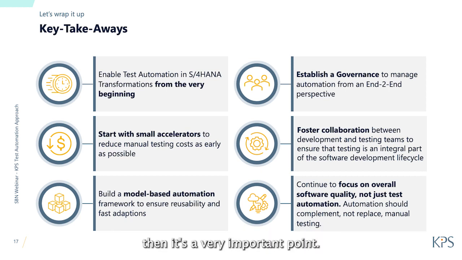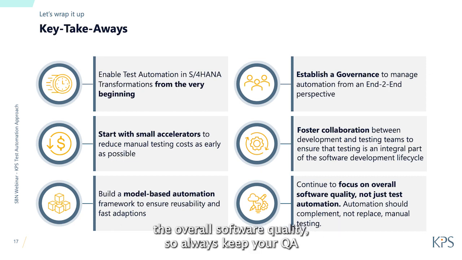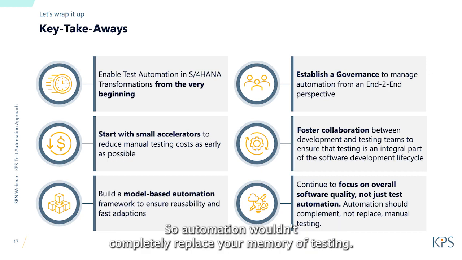Then also a very important point, we haven't really talked about that yet, is that we focus on the overall software quality. So always keep your whole QA process in mind, not just the automation. Automation wouldn't completely replace your manual testing.